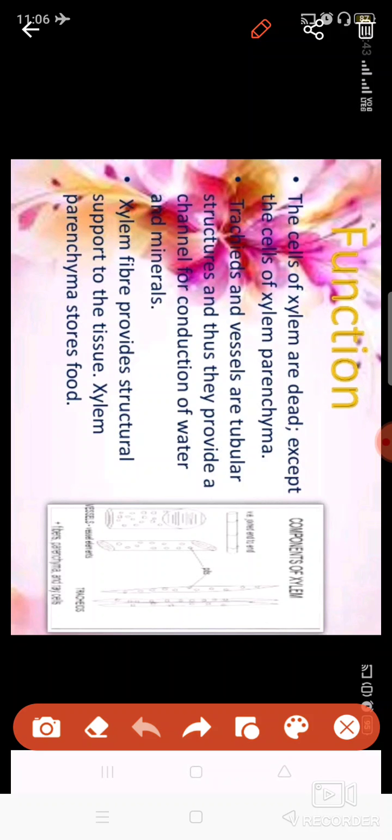These are the tubular cells which carry the water and minerals from the root to the upper parts. Other than that, xylem parenchyma, as I told, is helpful in storing the food materials, and xylem fibers provide support to the tissue.